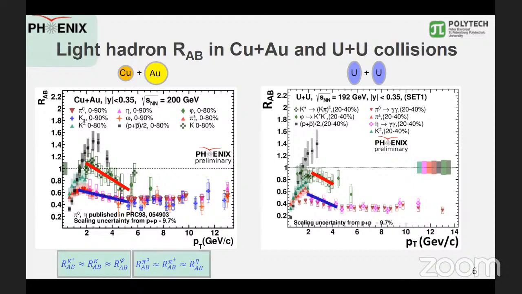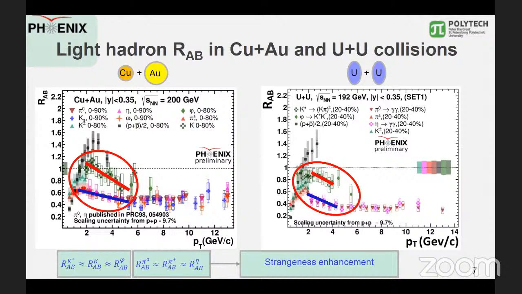At the same time, values of nuclear modification factors of mesons without strange quarks, pi 0, charged pions, and eta mesons, are also in agreement within the uncertainties, and they are presented with red, magenta, and blue colors. R_AB values of mesons containing strange quarks are greater than R_AB values of mesons without strange quark content. This effect is known as strangeness enhancement, and it was one of the signatures of QGP formation.